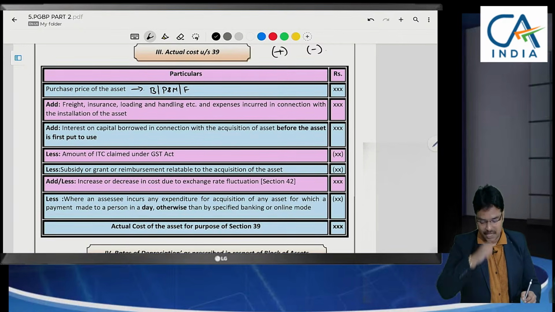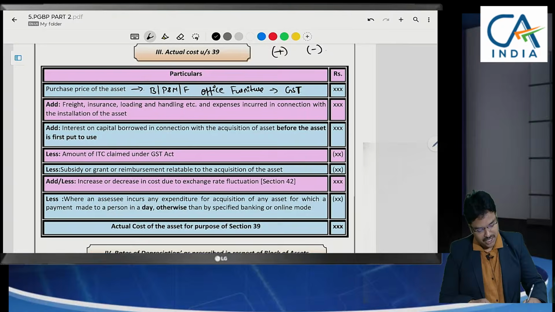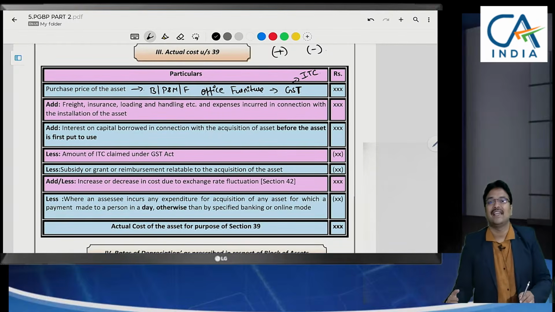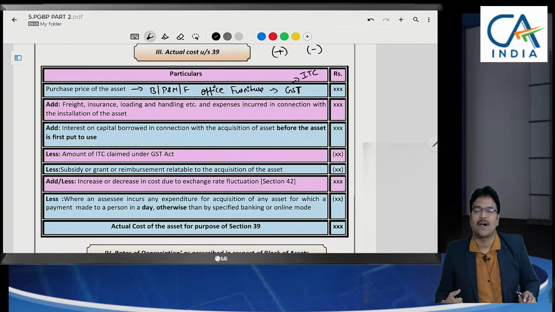Purchase price. If you are going to purchase office furniture in any showroom, they are also going to levy GST on the furniture. Whether that GST can be claimed as ITC? Yes. Of course, there is a concept of blocked credit under section 17(5) in the CGST Act. If it is blocked, then okay, or else we can claim ITC.